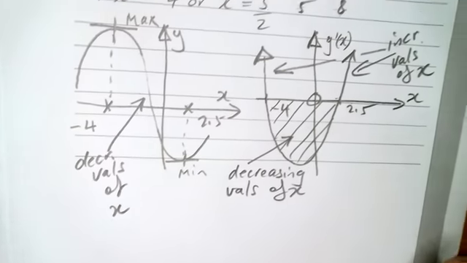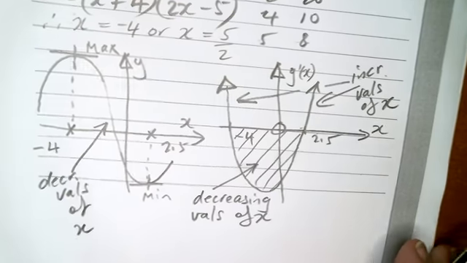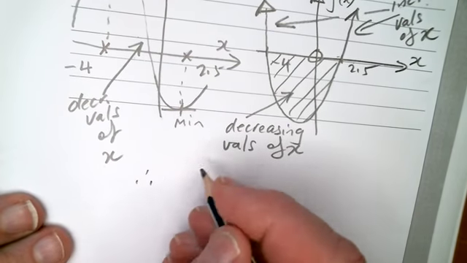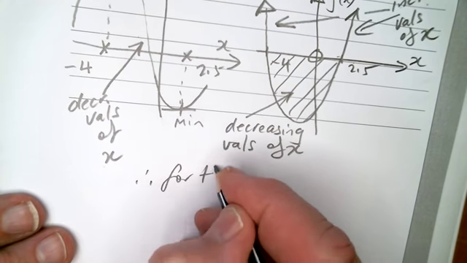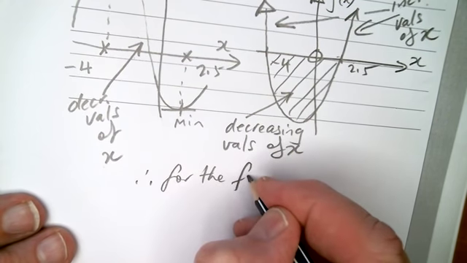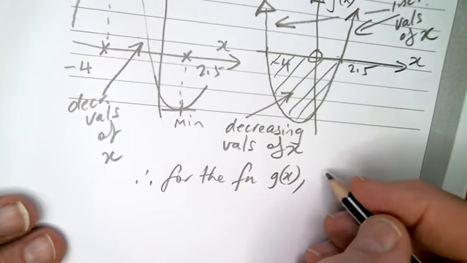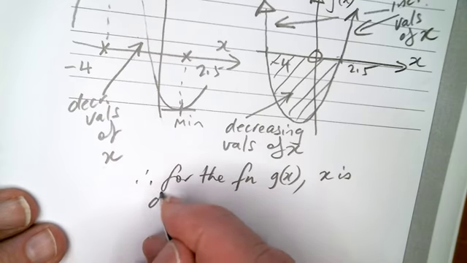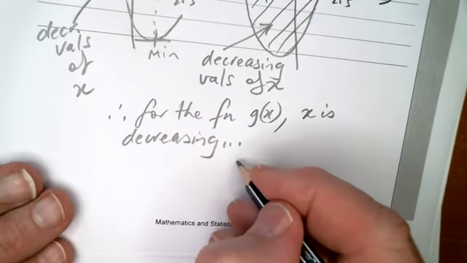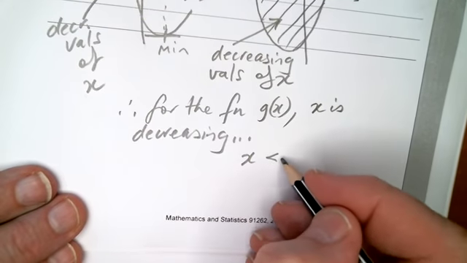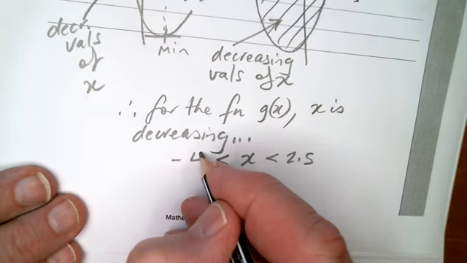And I think that would do it. I don't think you need to draw any more. I think this is pretty conclusive that you understand what you're doing. And therefore, I would conclude by saying, therefore, for the function g of x, x is decreasing when x is less than 2.5 and greater than -4.